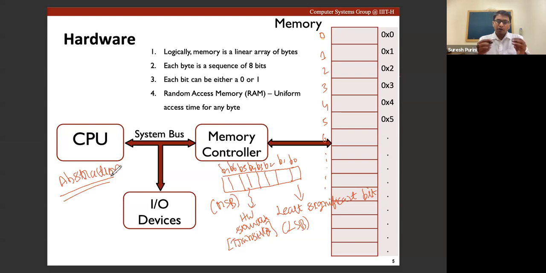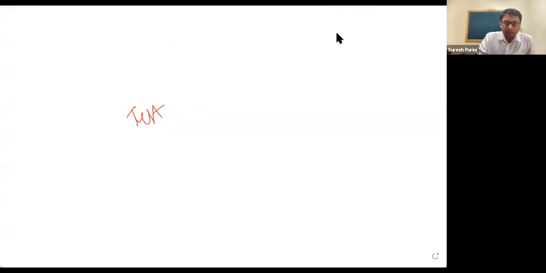So from the byte, we construct this memory abstraction, that is, our memory is a linear array of bytes. That is, there's a 0th byte, first byte, second byte, third byte, and so on. And that is the memory abstraction. So we have the bit.